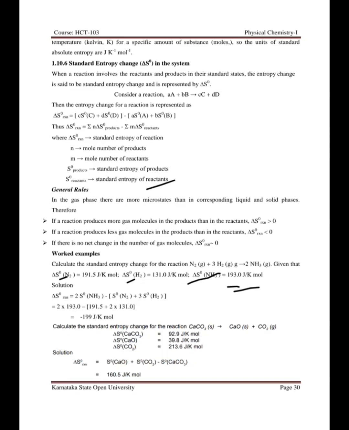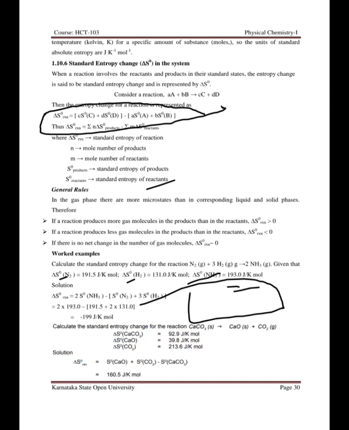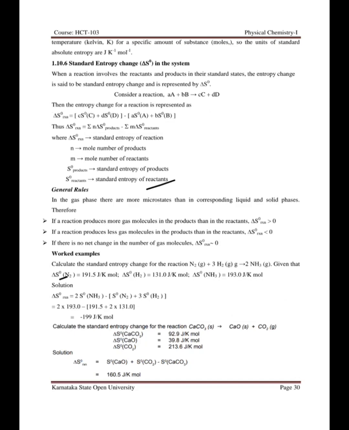So you are going to take this formula for the calculation of the entropy change in the system. The reaction taking place here in the system, we are going to calculate the entropy change.